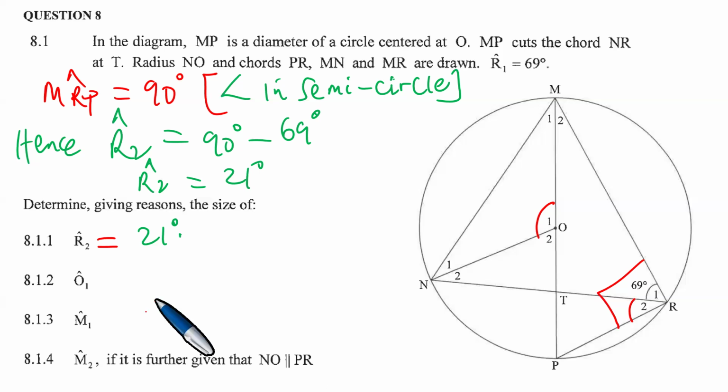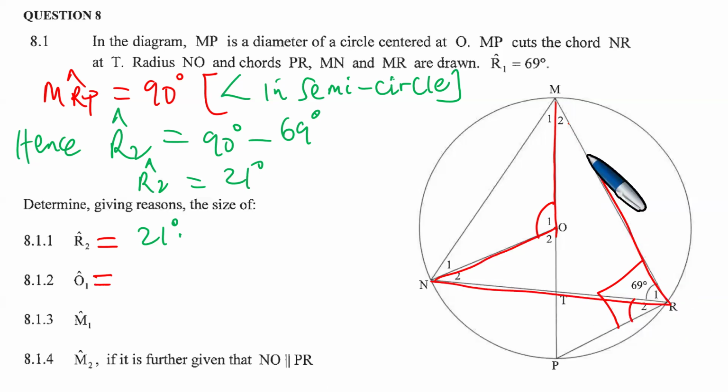So in other words, we're able to see that the angle O1, so you can see this theorem. This is the theorem, a rule, a law. Angle at center is twice the angle at circumference. So angle O1 is 2 times 69, 138 degrees.